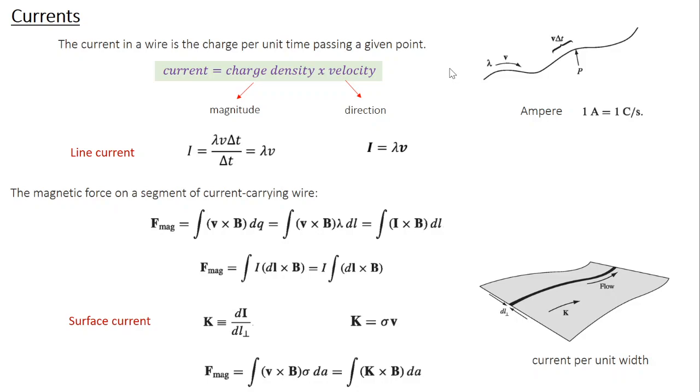But it need not be electrons if you take other type of materials. For example, if you consider a semiconducting material, you have electrons as well as holes, which are absence of electrons. So electron is negatively charged and hole is positively charged. So you can have a current flow because of the flow of electron.